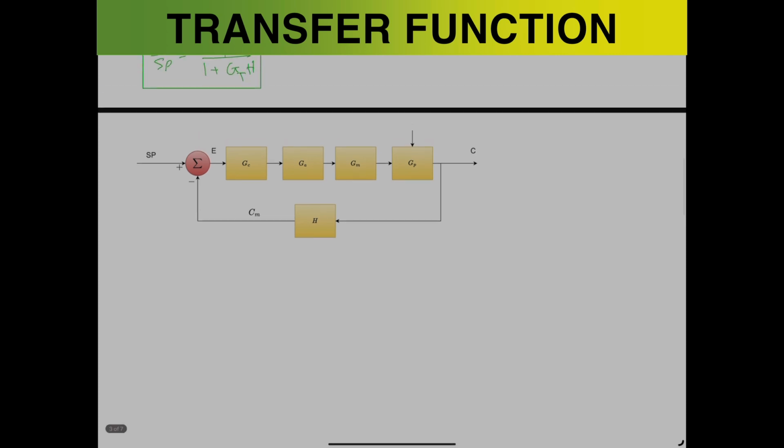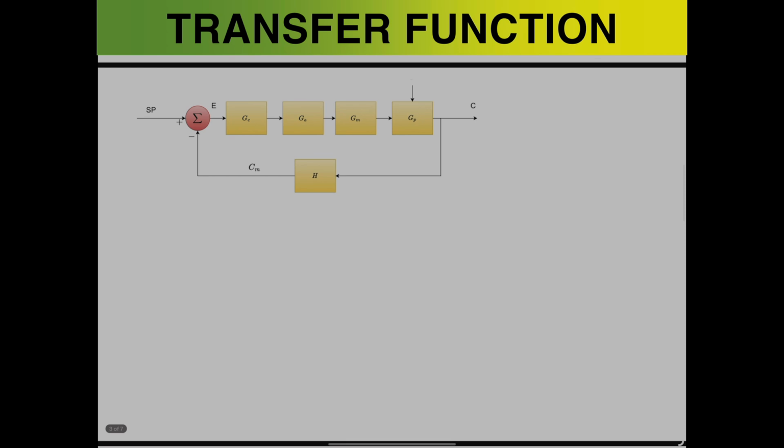So essentially, when we are asked about a different input, in this case D, we need to assume that there won't be any other input. In this case, SP is going to be 0. So if you assume SP to be 0, still considering the closed loop scenario, we need to consider again what is coming from the output through this feedback.